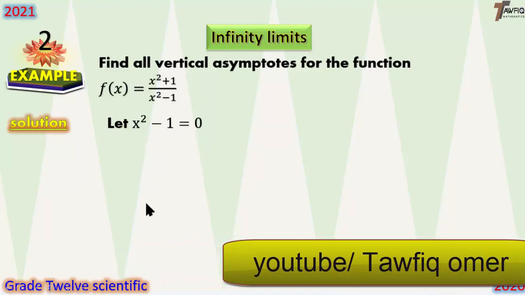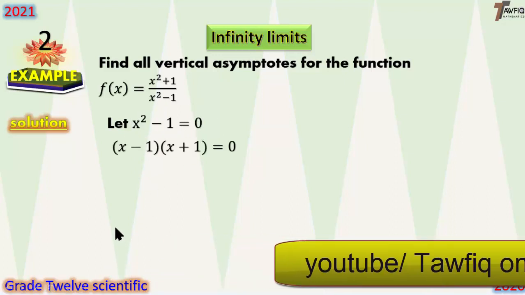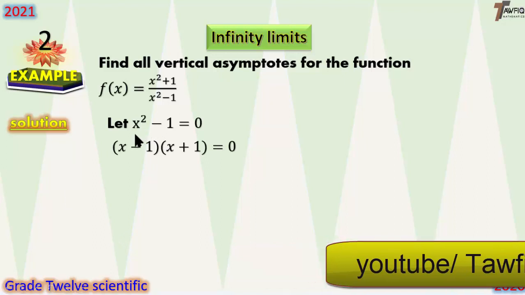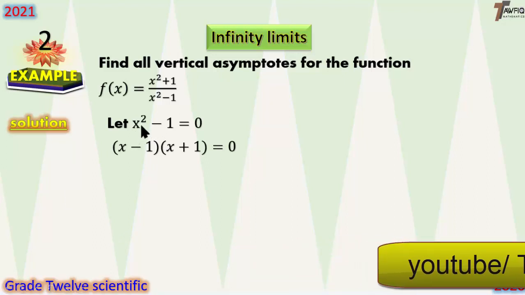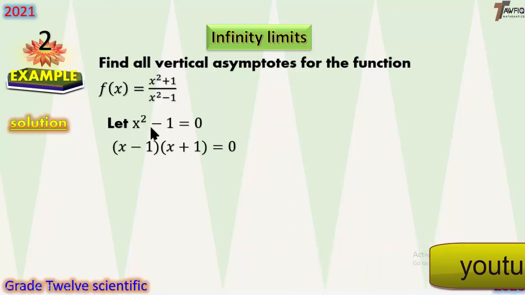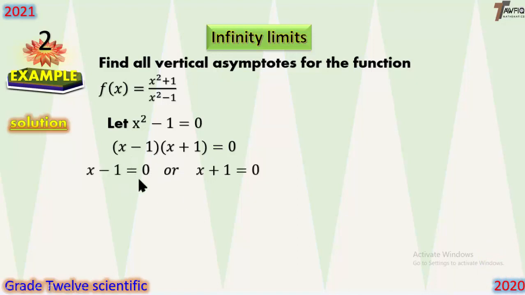Solve this equation by factoring, the difference between two squares. x minus 1 times x plus 1 is equal to 0. From x minus 1 equal 0 or x plus 1 equal 0. From x minus 1, x equal 1, and from x plus 1, x equal minus 1.